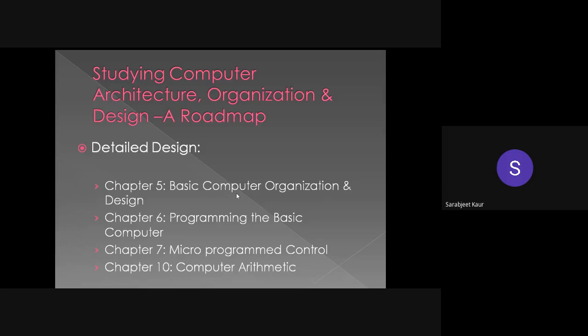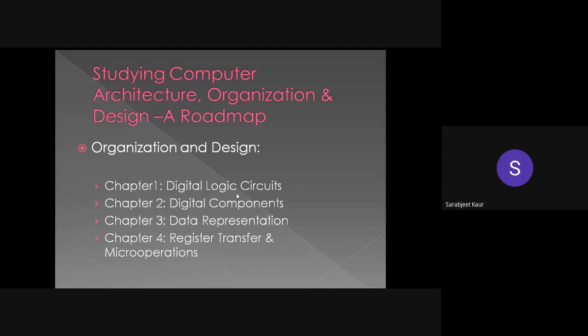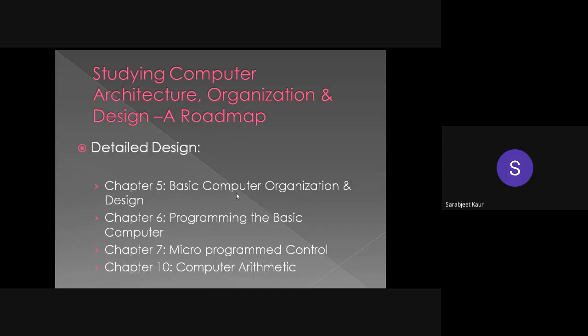This is the chapter on which your practical is based. So there are many chapters which need to be completed first so that we lay the foundations and come up to chapter 5, which is why there is a little delay in actually starting hands-on practicals for our CSA course. Chapter 5, chapter 6, programming the basic computer, microprogrammed control, and computer arithmetic.